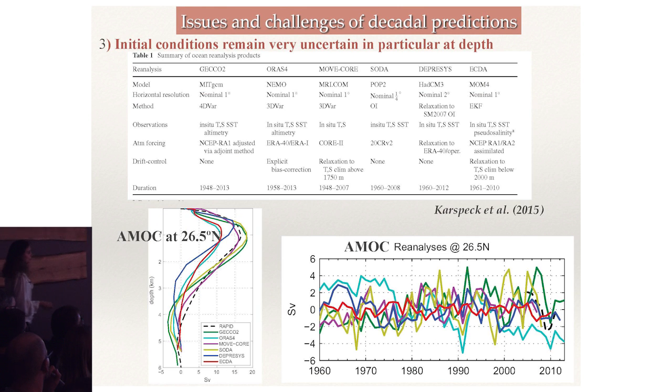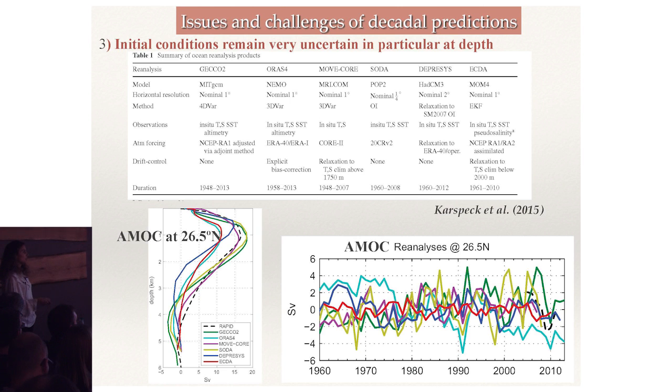And a last point that I want to highlight, and this is a figure that was shown earlier this afternoon by Andrea, it's that these initial conditions that we use for decadal prediction, it was true for the seasonal prediction as well, they are reconstruction from the present state, but they are not real observation. And so they have a number of issues.